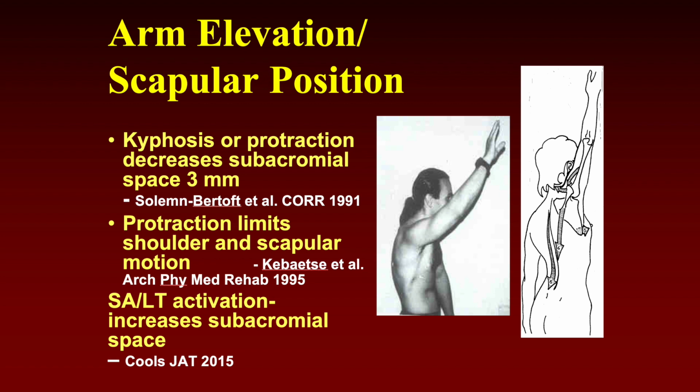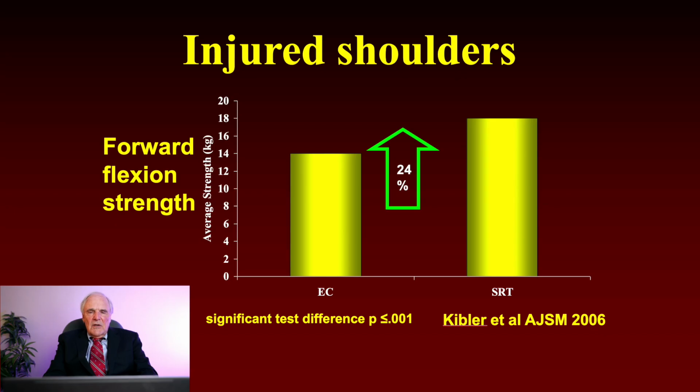Scapular activation increases subacromial space if you increase strength of the serratus anterior and lower trapezius. Several studies show, once again, that if you can increase demonstrated forward flexion strength just by placing the scapula in the retracted position, you can actually improve strength in injured shoulders by 24%.